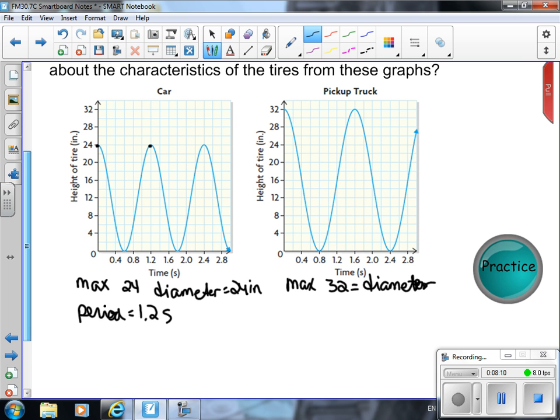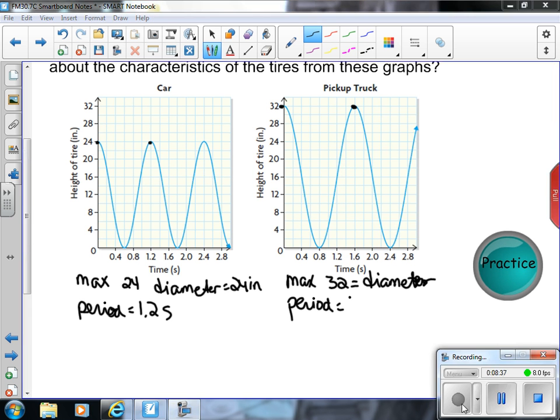For the truck, same thing, we can start at y equals 32, down and all the way up. It takes 1.6 seconds. So the period for the truck is 1.6 seconds.